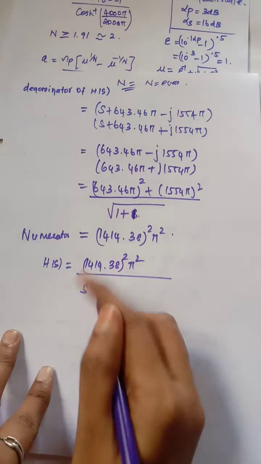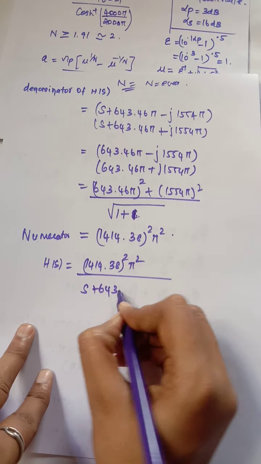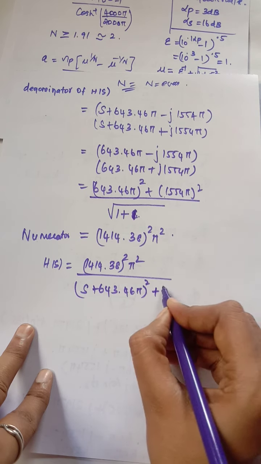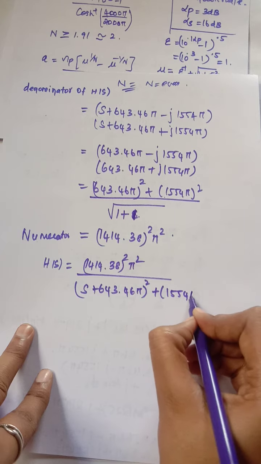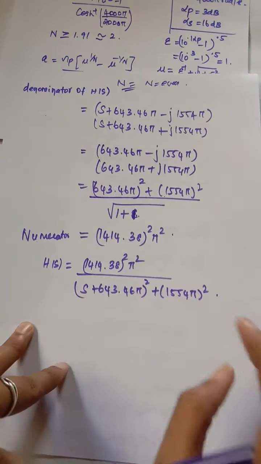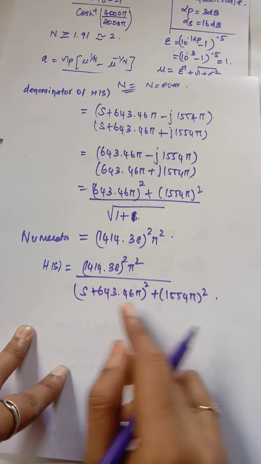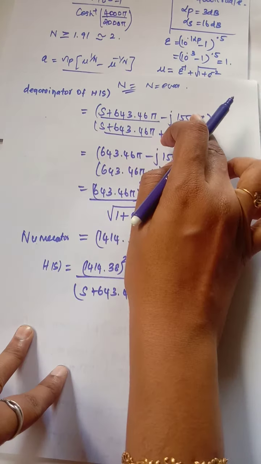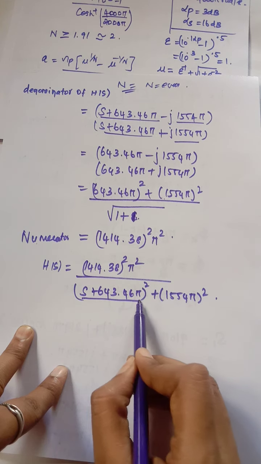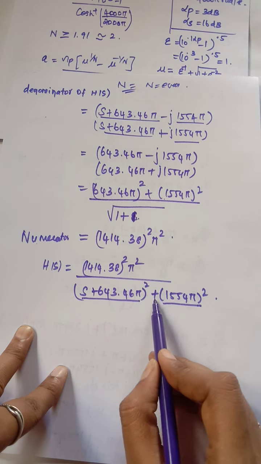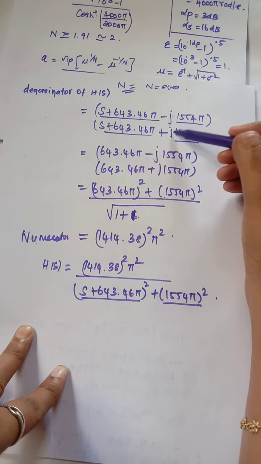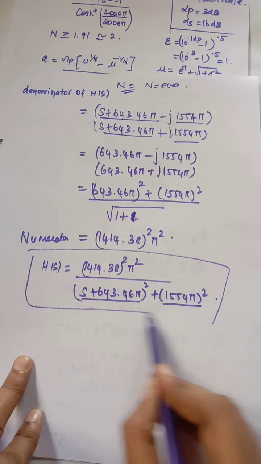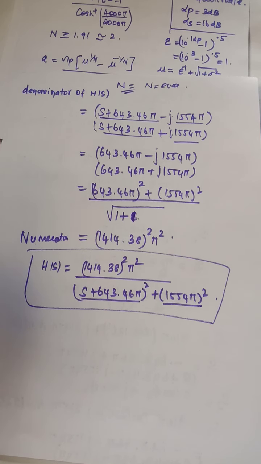So I am going to write it as (s plus 643.46 pi) the whole square plus (1554 pi) the whole square. So here I have written this by considering this as a and this as b. So a minus b, a plus b, so this is a square minus b square. So minus j square, you will get plus. So this is what your transfer function of the Chebyshev low pass filter.